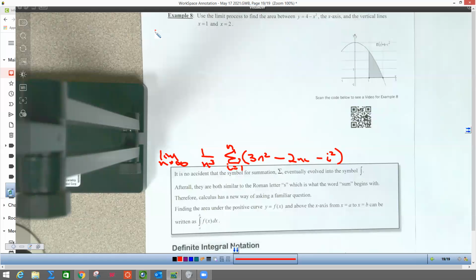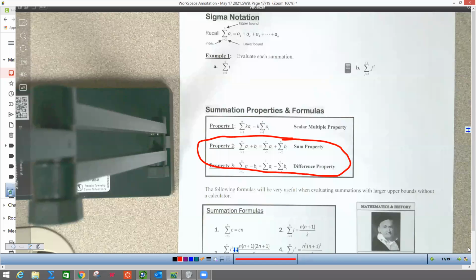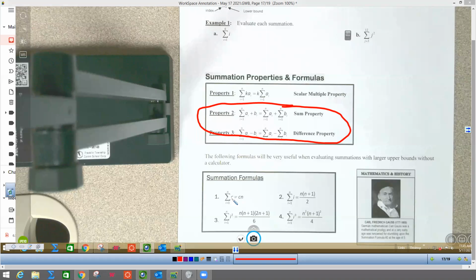So the first thing, I still got the limit because I'm not plugging infinity in yet. Limit as n goes to infinity of 1 over n cubed. And then I'm going to start breaking this down. Well, 3n squared does not have an i in it, which makes 3n squared a constant. And again, going back to this formula right here, if you have a constant, you just take it times the top value.